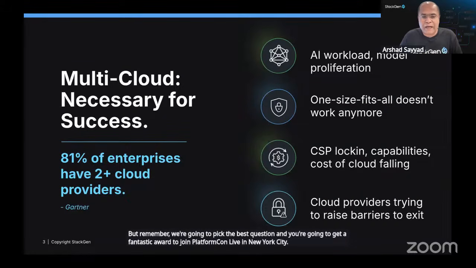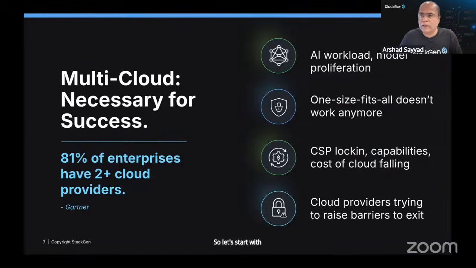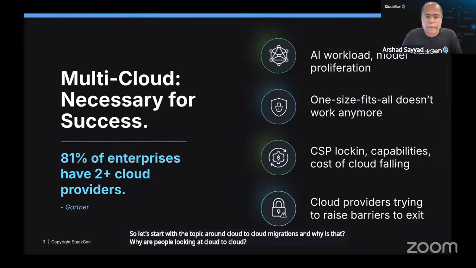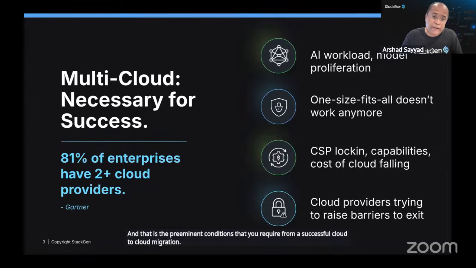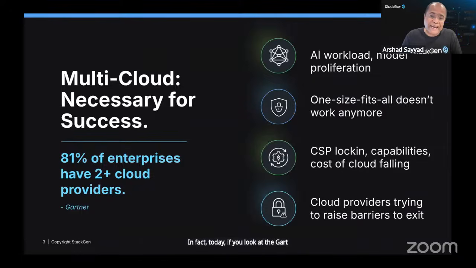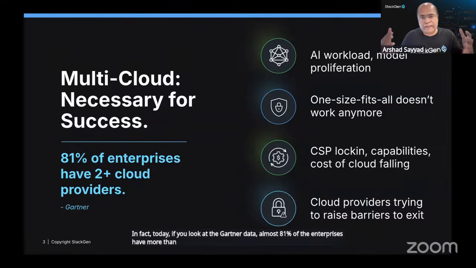So let's start with the topic around cloud-to-cloud migrations. Why are people looking at cloud-to-cloud? And what are the preeminent conditions that you require for a successful cloud-to-cloud migration? In fact, today, if you look at the Gartner data, almost 81% of the enterprises have more than 2 cloud providers in their environment.